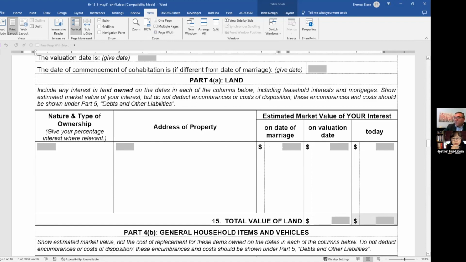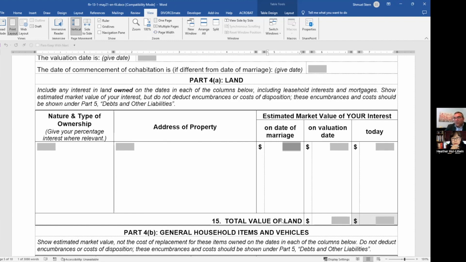And whatever you put into this column, you'll see here that it's not calculating. There's no total here, because the total's going into the box on page 8. Okay, it's a little bit confusing how they set this form up in particular. The lawyer's form is different because it does calculate every column.